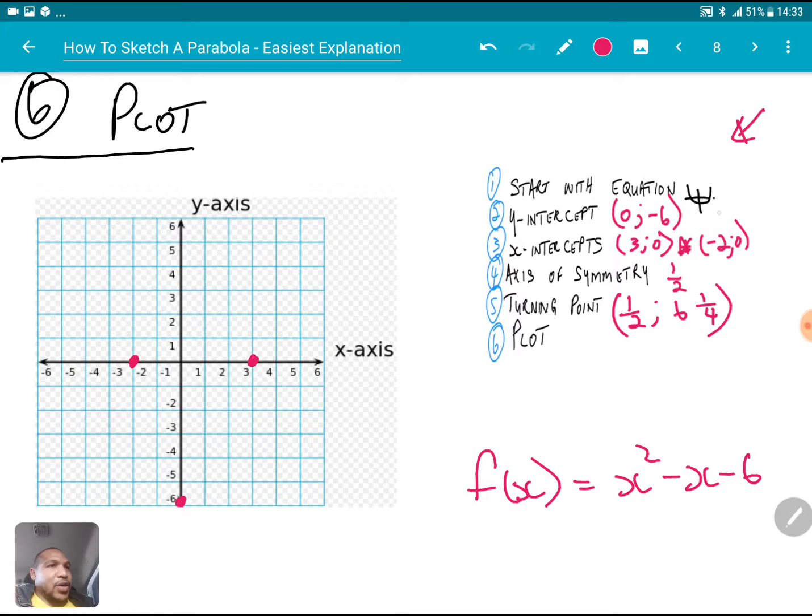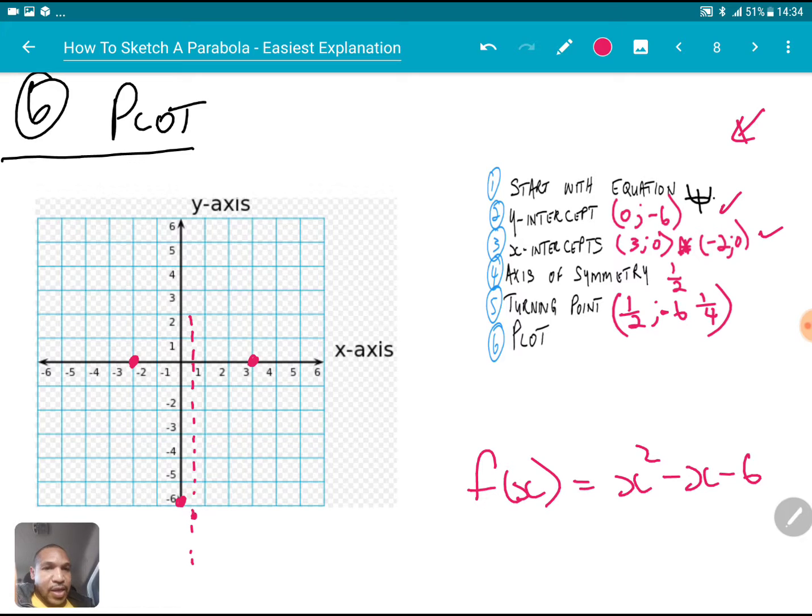So we've got that. The axis of symmetry is at a half, so let's just put that in there. That's my axis of symmetry, and then my turning point would be a half and -6 1/4.